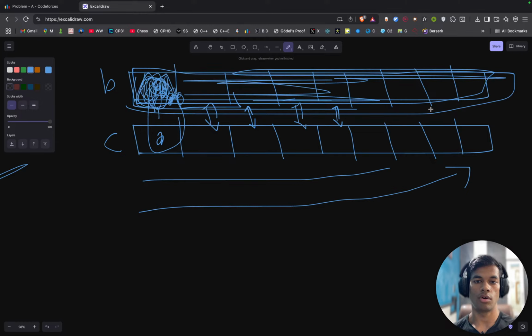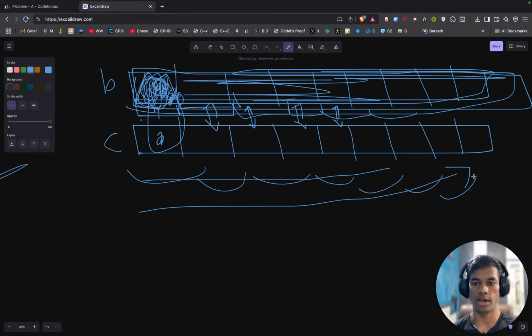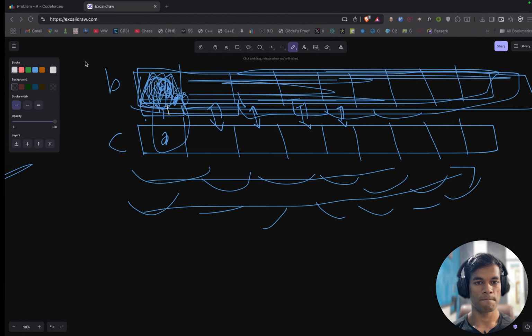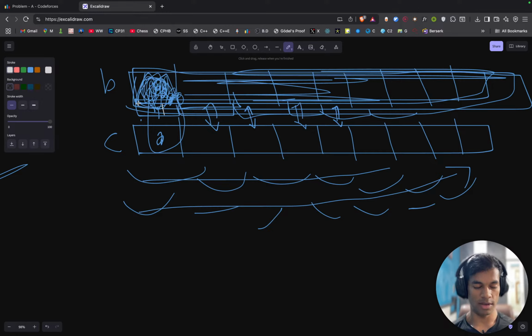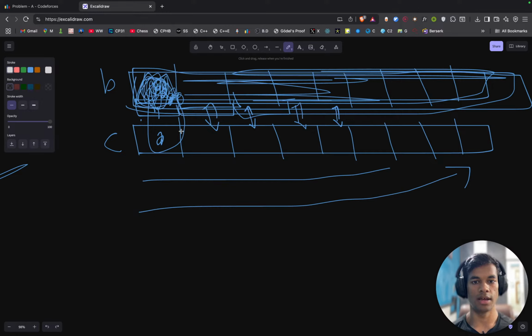I will output all the elements starting from the first one that was not removed, going further and further and printing all the elements that were not removed. And how do I know whether an element is removed or not? I know it by comparing my original B array and the sorted C array.